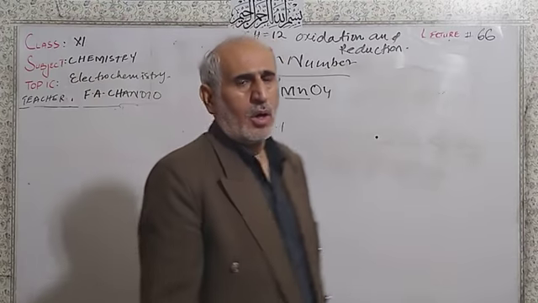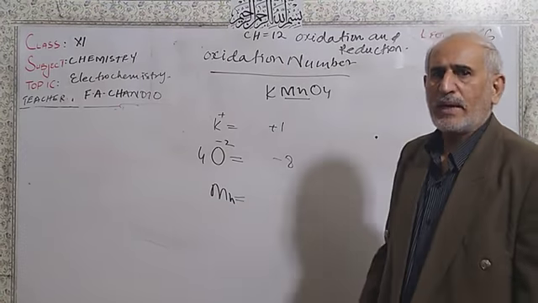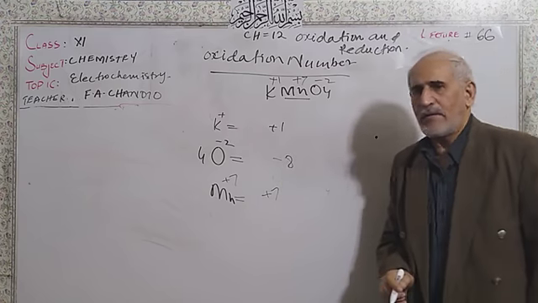So this is plus 1 and this is minus 8, so I must put plus 7 for manganese.